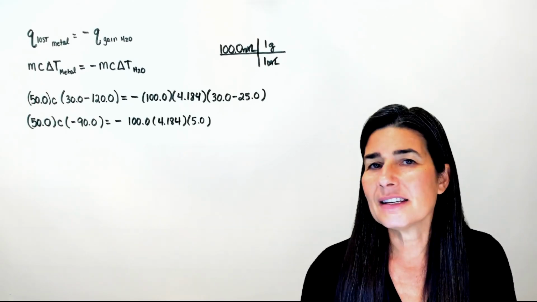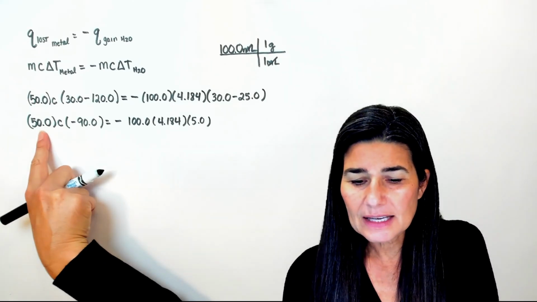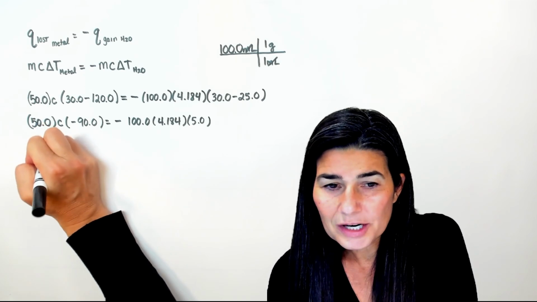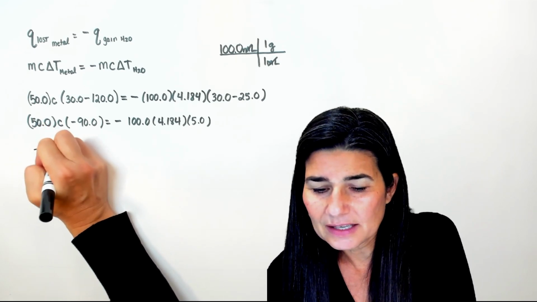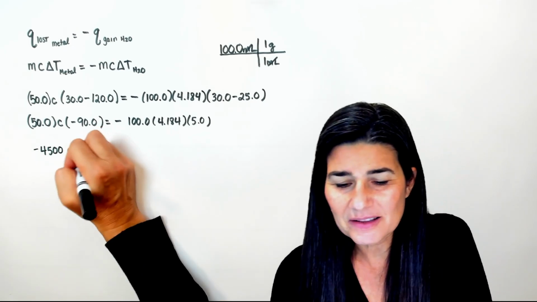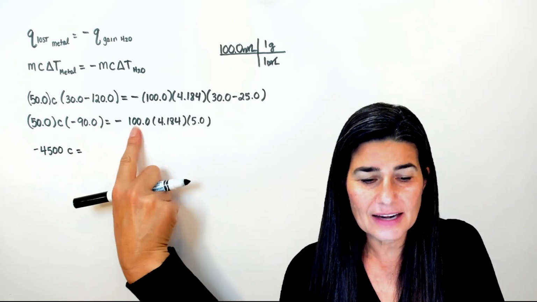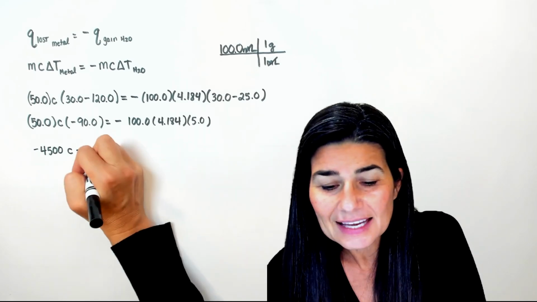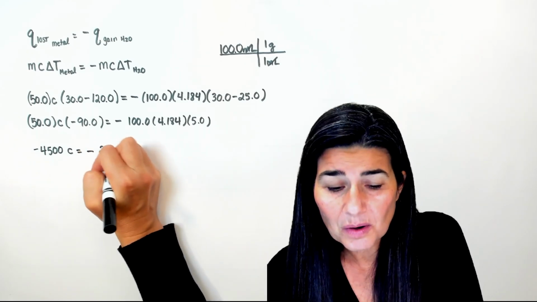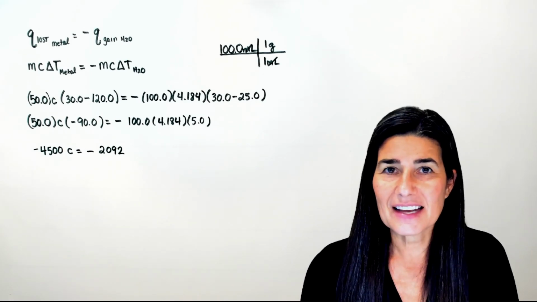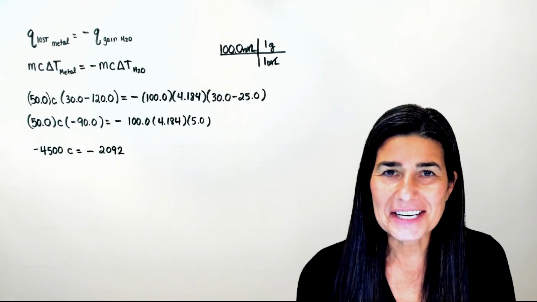And now we need to just simplify. 50 times negative 90 is negative 4,500 times our variable, the specific heat capacity of the metal. That equals a negative 100 times 4.184 times 5, which is negative 2092. Now, your negative signs are going to cancel out. Very important.